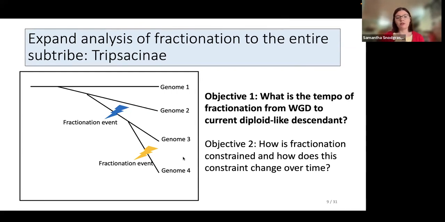And we're going to be doing this through a parsimony analysis where if a fractionation event is identified as being shared between two genomes, but not the other two, we can place that earlier into the phylogeny versus a fractionation event that is only found within one genome.